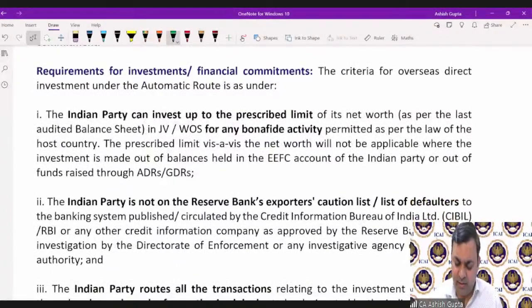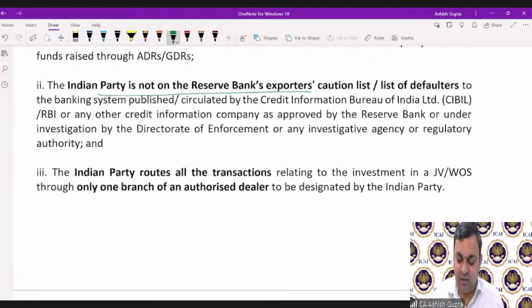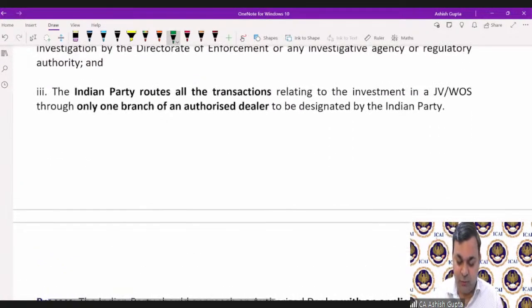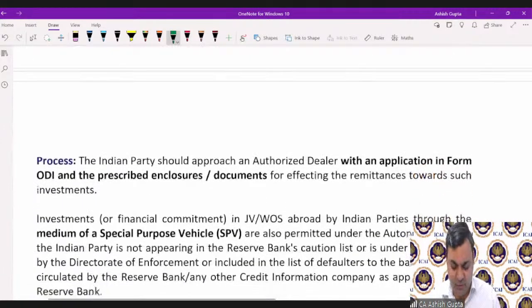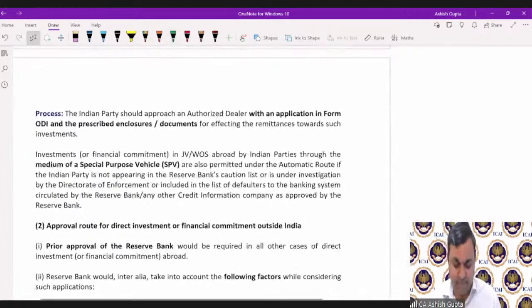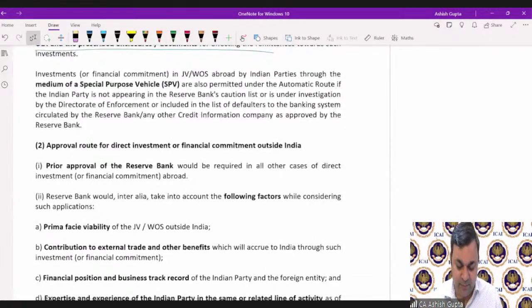Requirement for investment: bona fide activity. The Indian party is not on the RBI caution list or defaulter list. The Indian party routes all transactions relating to investment through only one branch of an authorized dealer. The Indian party should approach an authorized dealer with an application in Form ODI, with prescribed enclosures and documents.